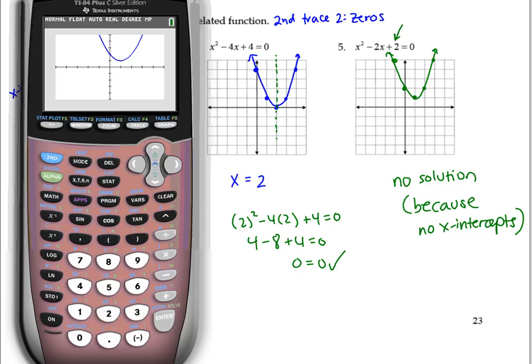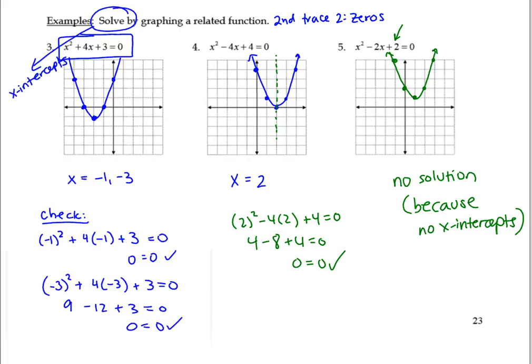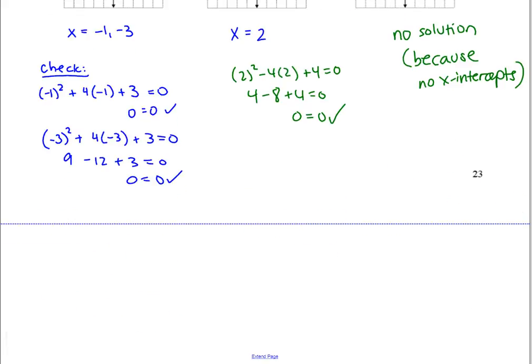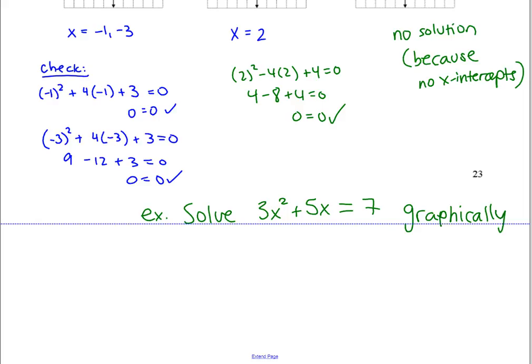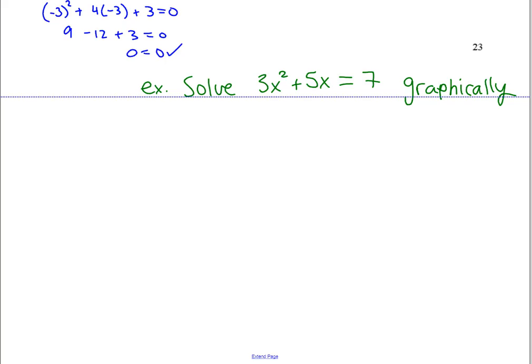Okay, so all we're doing is, if I'm asking you to solve something graphically, what do you have to do? Let's just add a little example at the bottom. If I ask you to solve 3x squared plus 5x equals 7 graphically, we're good.